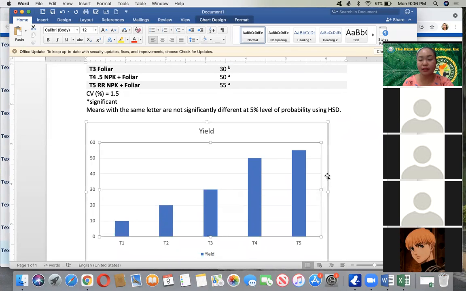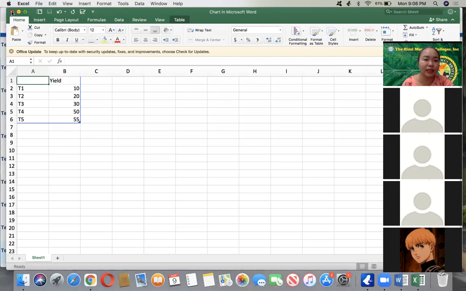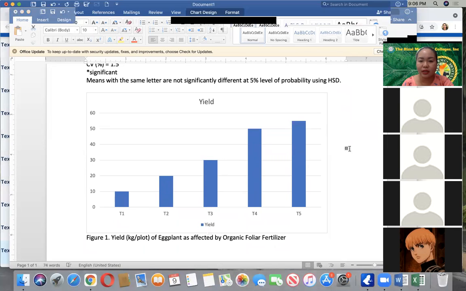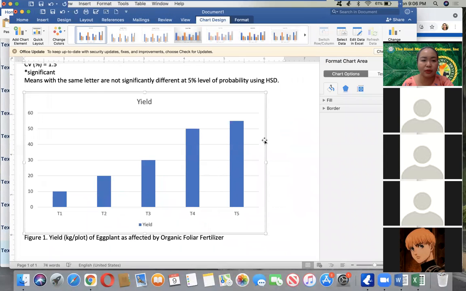For every yield, there is a figure. For example, if you accidentally close Excel, once you click the chart, you will find Edit Data in Excel, or you can also say Select Data.